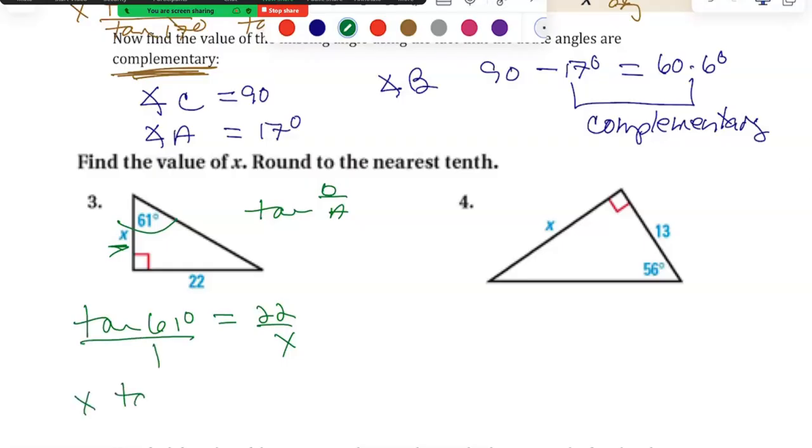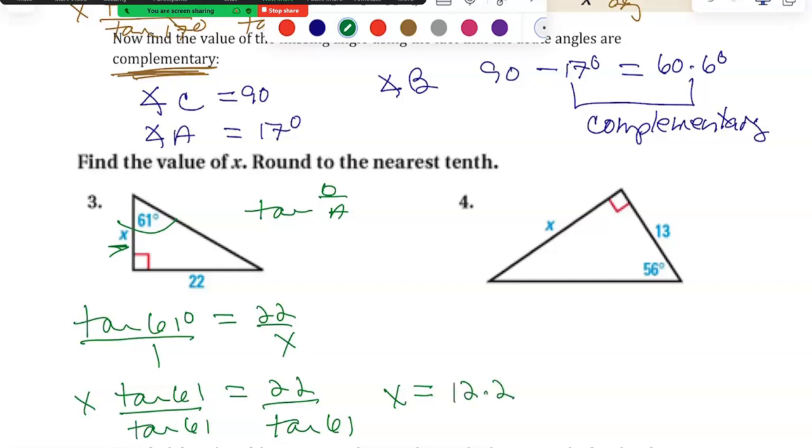I have x times the tan of 61 equals 22. Isolate your x. Divide by tan 61, and you should be getting x equals 12.2. That's a side length. There's no units required. Okay, so this was 12.2, and that's what I just solved for.